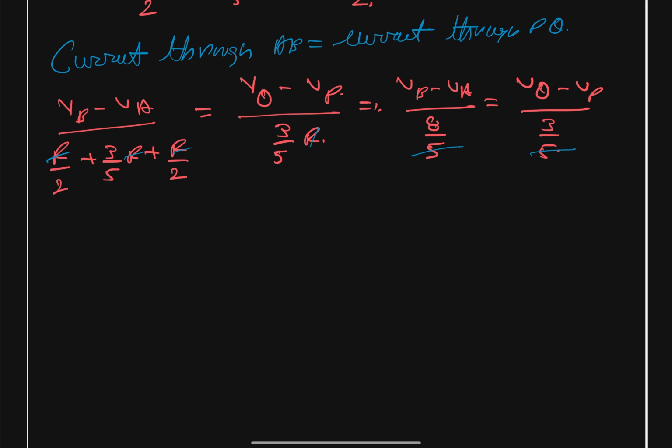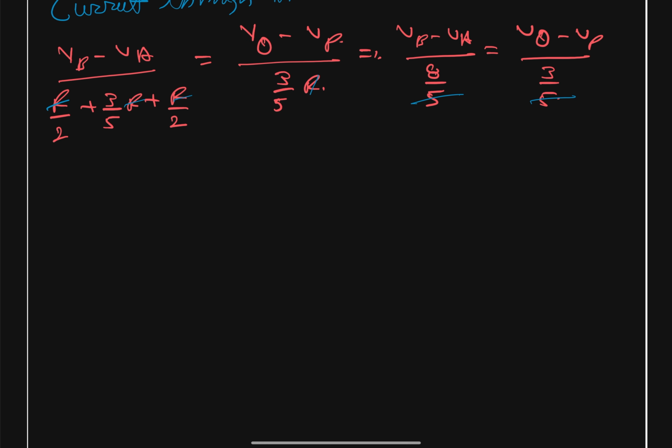So in proportionality with respect to temperature, we can write this as our TB minus TA upon 8 is equal to TQ minus TP upon 3, and the difference between TB and TA is given as 120, so we get this as our 120 by 8, and this is our 3, and this is our TQ minus TP. Okay.